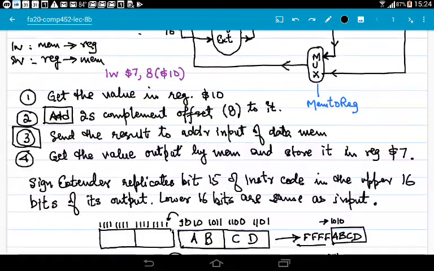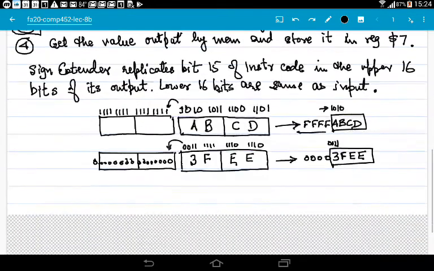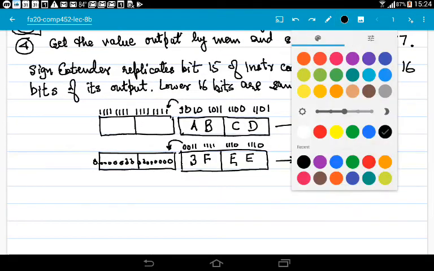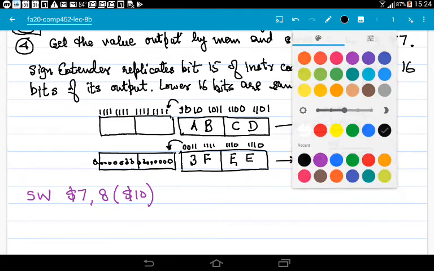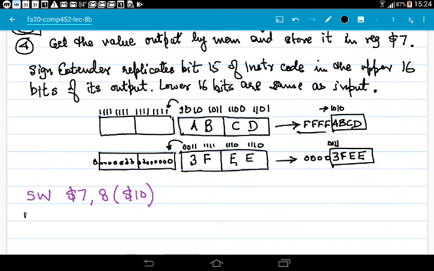Let me explain this in more detail. Suppose this was the instruction that we wanted to execute. Now this instruction says the first two steps are same as in load word.